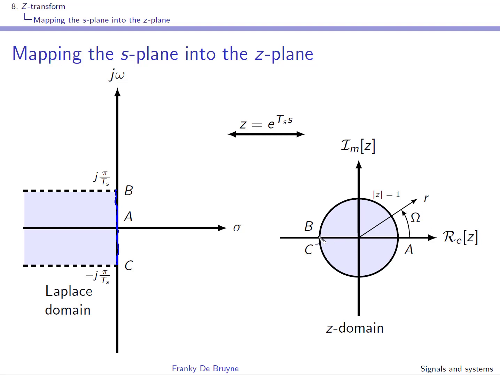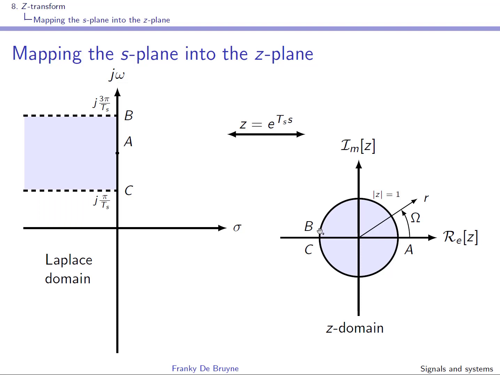You have to take the discrete variable and go from minus pi to pi. This is also the case for this portion of the j omega axis. It goes from an analog frequency of pi over ts to 3 pi over ts, and again it is mapped on the unit circle. The discrete variable goes from pi to 3 pi.